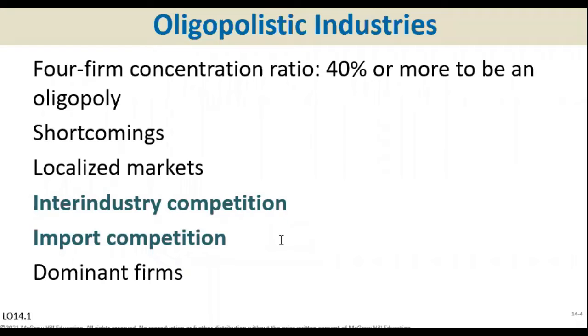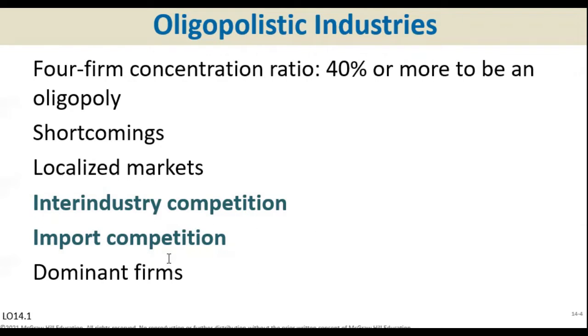Because they produce some substitute goods, like a plastic cup versus a glass cup, for instance. So you can see those two competing, but it's not represented in the ratio, right? The imports, right? You have import firms that compete in the US market.